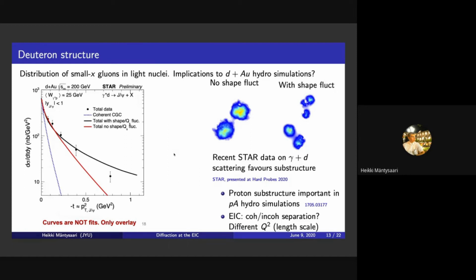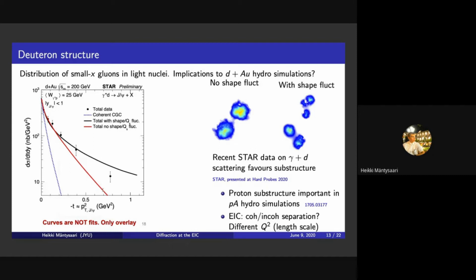Anyway, we had two different sets of deuterons, either the case where proton and neutron have no substructure, so they are just Gaussian blobs of colored charge. In that case, we got the red line here for the total cross section.